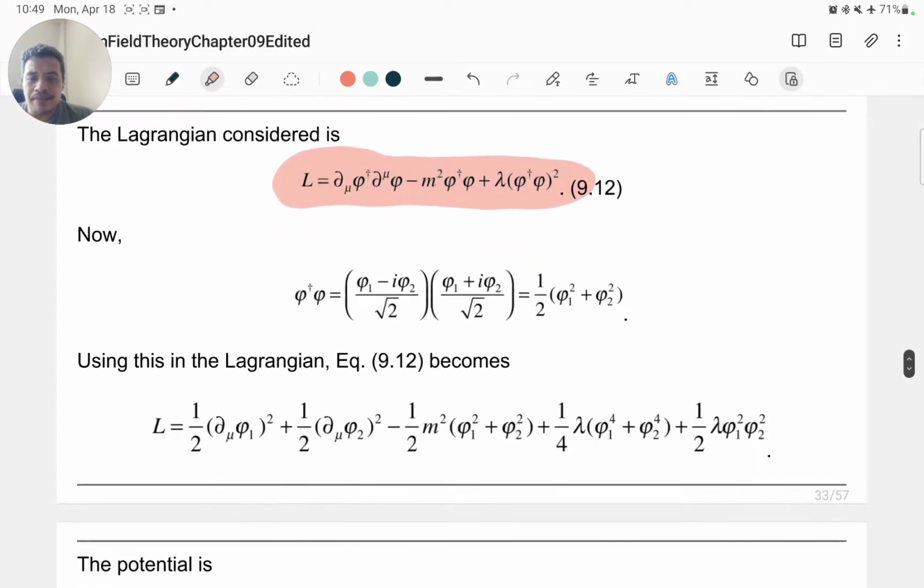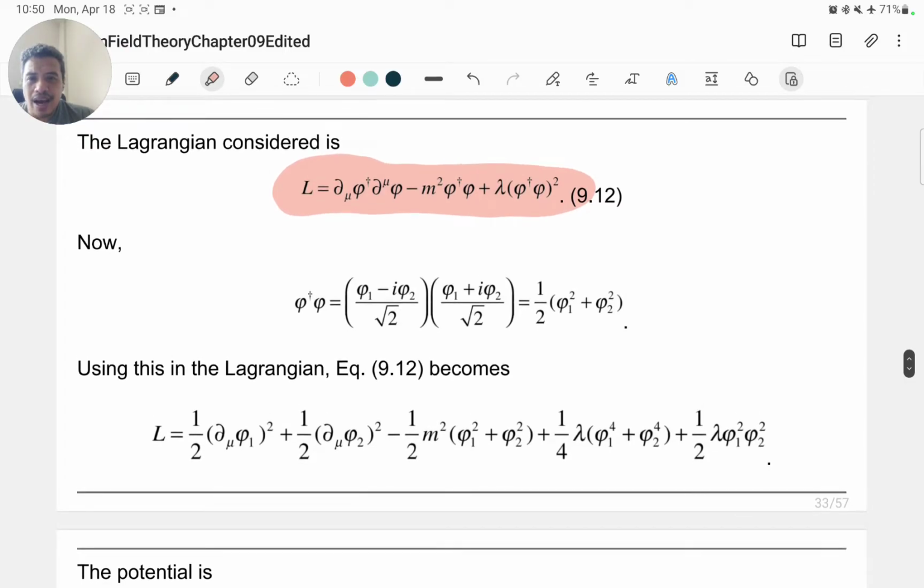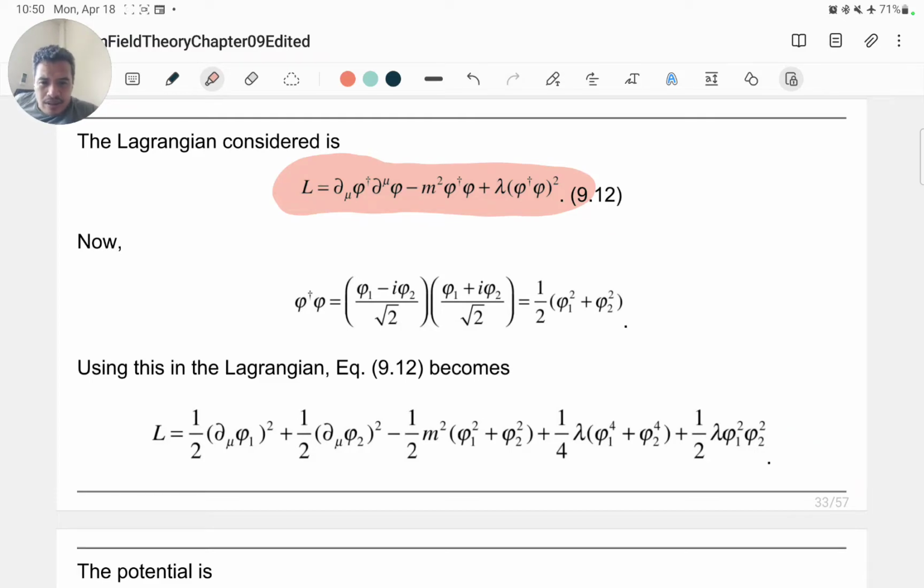So if you get phi adjoint times phi, then you would have this one. In this case, the phi adjoint would just be the complex conjugate of the field, the field composed of phi 1 and phi 2. So if we use that in the Lagrangian, our Lagrangian will look like this.